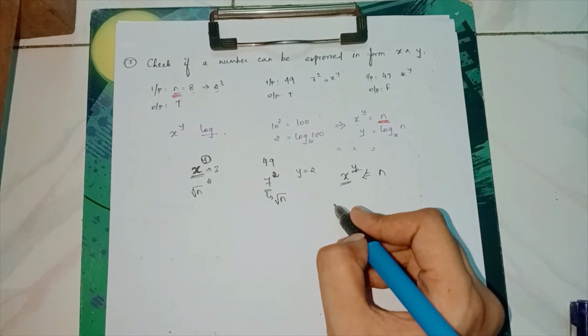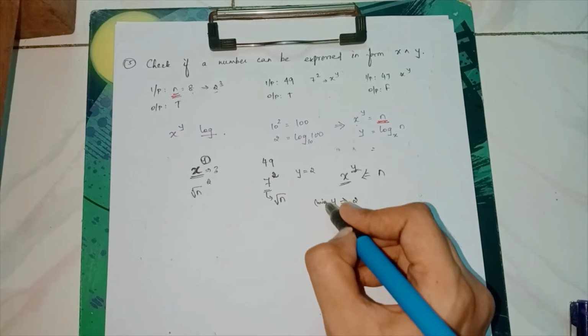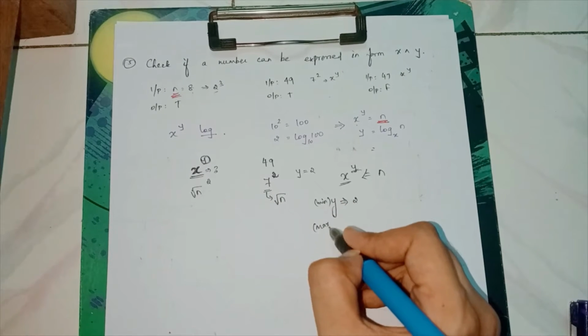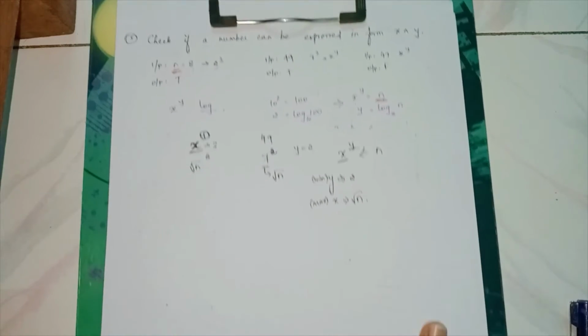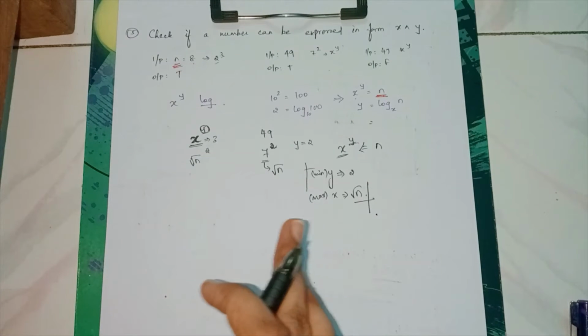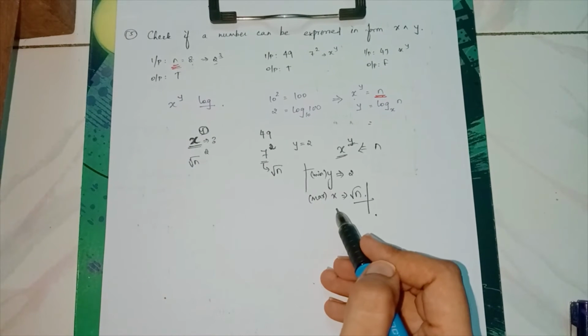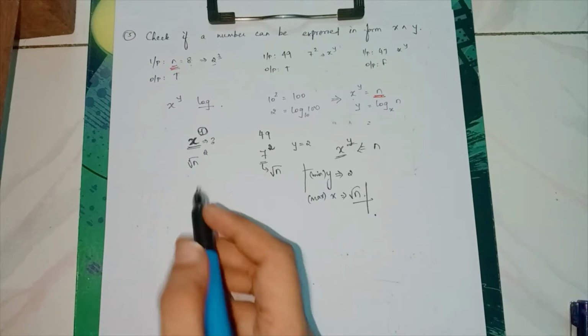The minimal value of y can be 2, and the maximal value of x must be the square root of n. So these are our conditions. You can have a lot of values other than this, but this is the base for it.